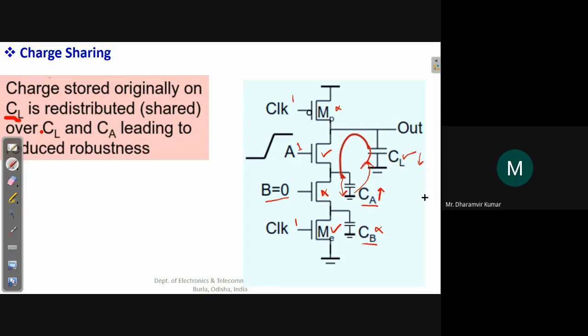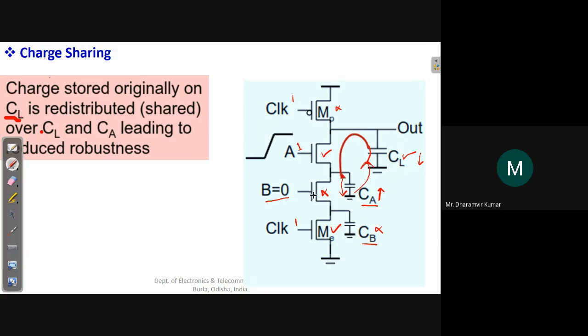So the overall result is that the load capacitance charge content gets reduced because of this charge sharing, and this is again a problem. We do not want this charge content to get reduced under this situation. It should reduce to zero only when this path is available completely.